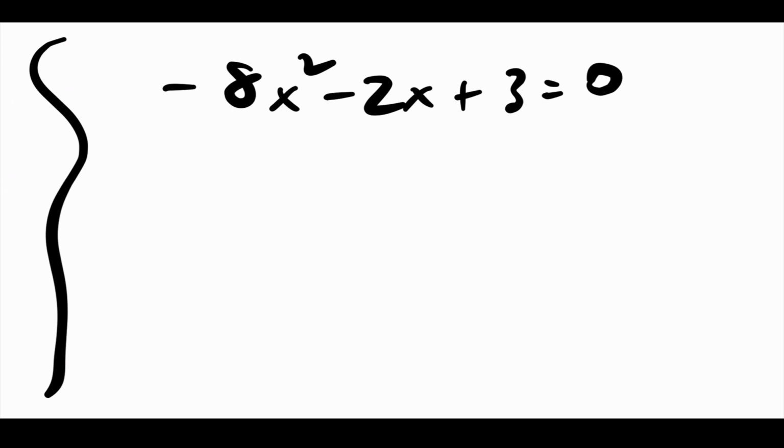This guy's a trinomial, so I'm going to factor it using the trinomial steps I always use. The first thing I'm going to do, though, is divide everything by negative 1 because I like to have the first term positive.